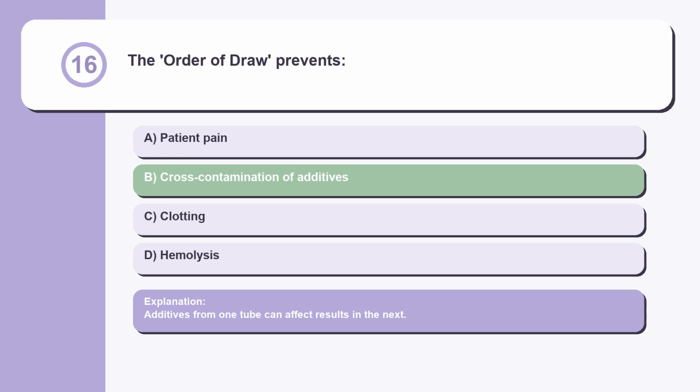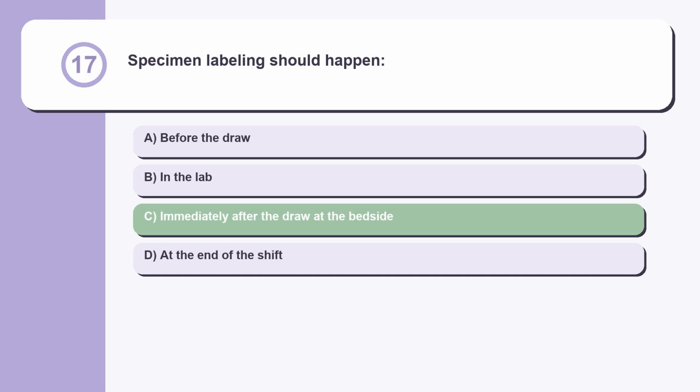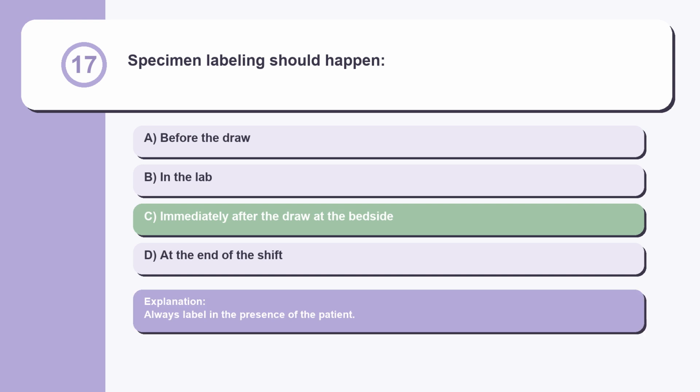Additives from one tube can affect results in the next. Question 17. Specimen labeling should happen before the draw, in the lab, immediately after the draw at the bedside, at the end of the shift. Always label in the presence of the patient.